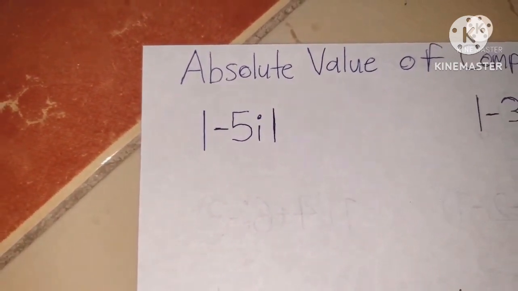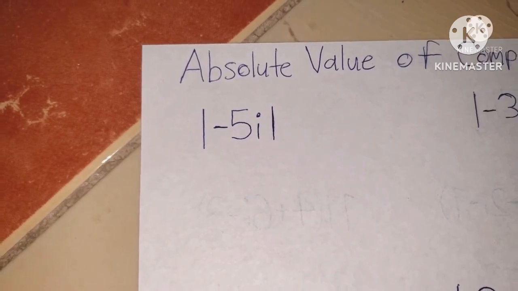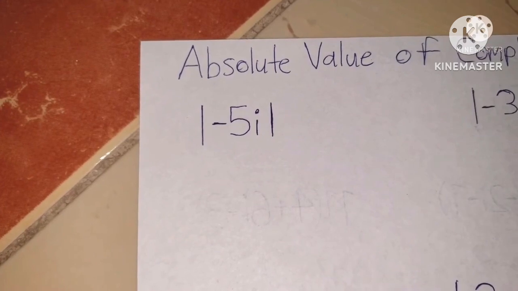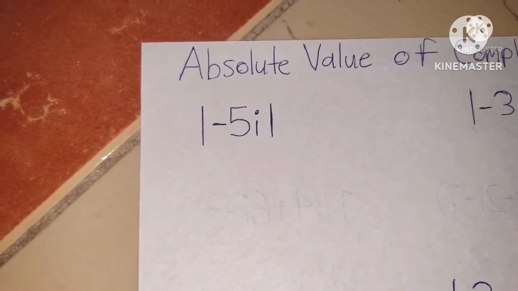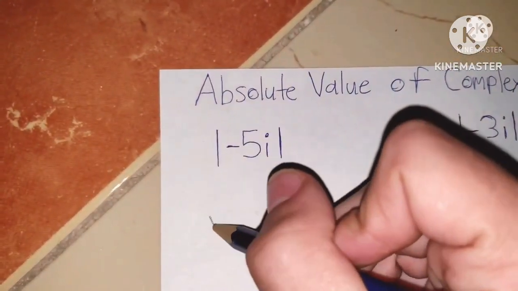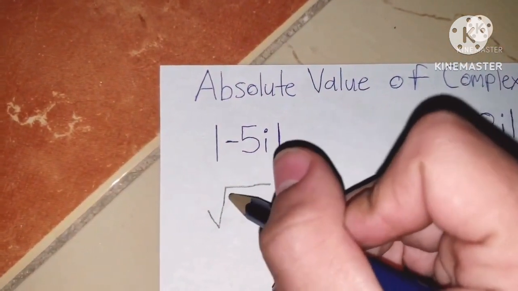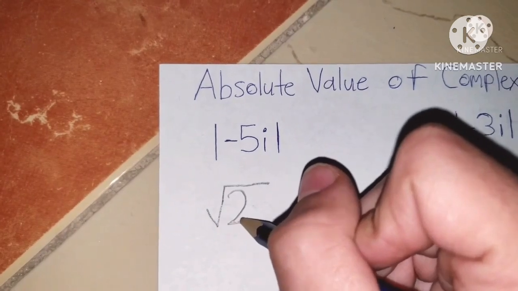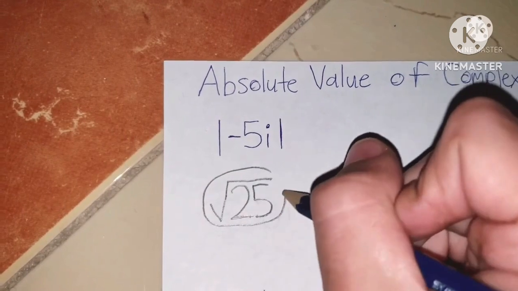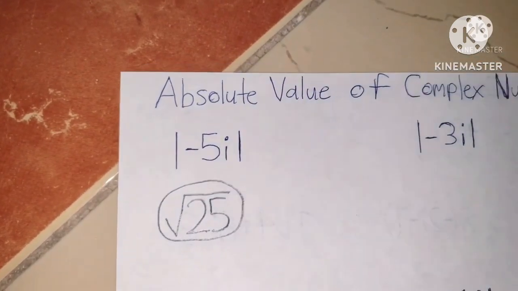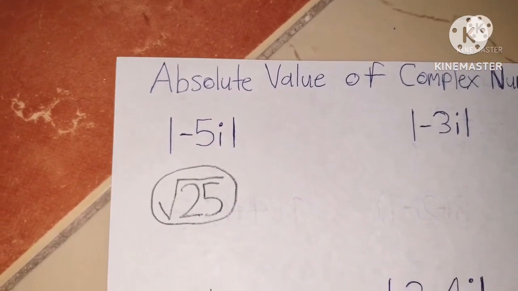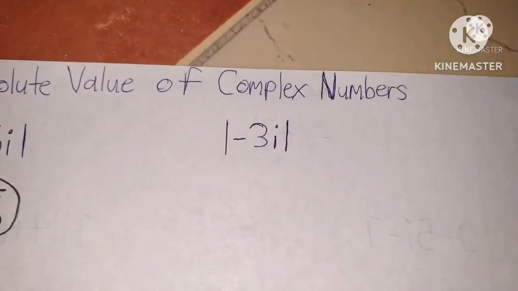Negative and negative becomes positive, so you multiply 5 and 5, the same exact numbers. So 5 times 5 is going to be square root 25. Do not forget the square roots, or if you forget it, it's going to be wrong. So it's square root 25, because -5 and -5 multiplied is square root 25.